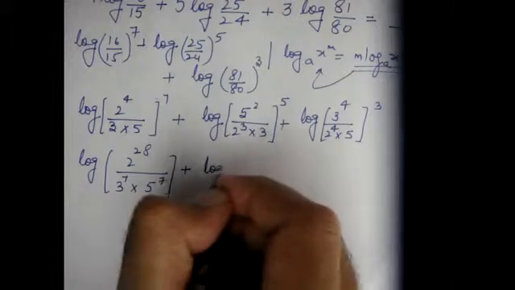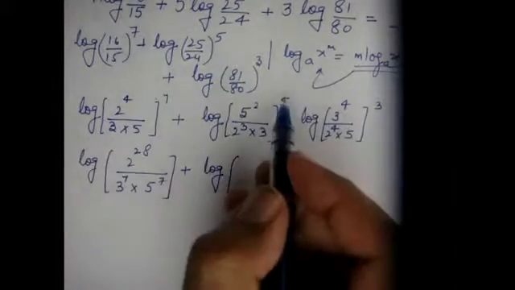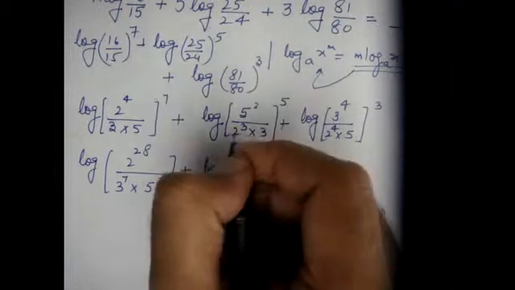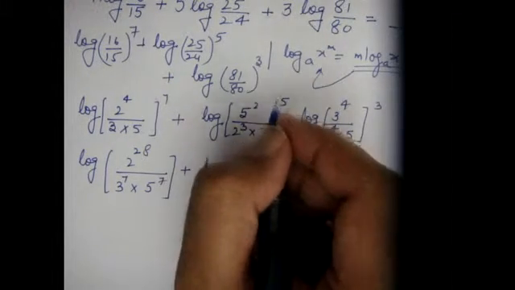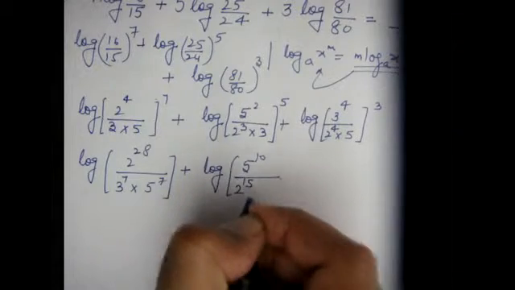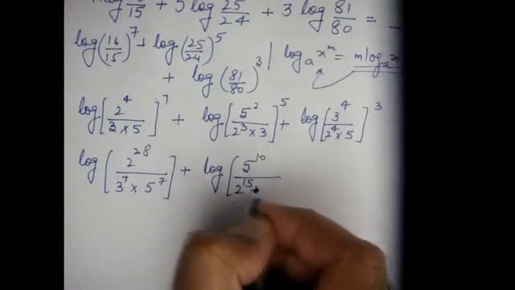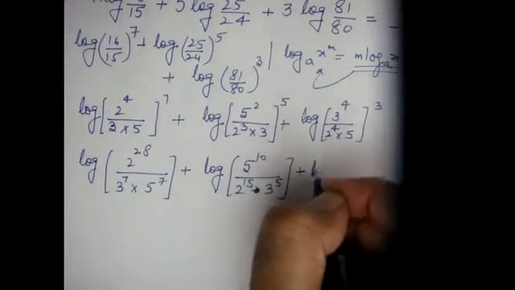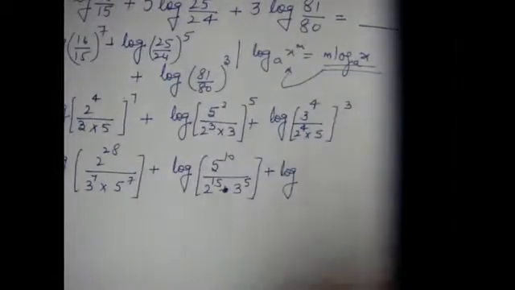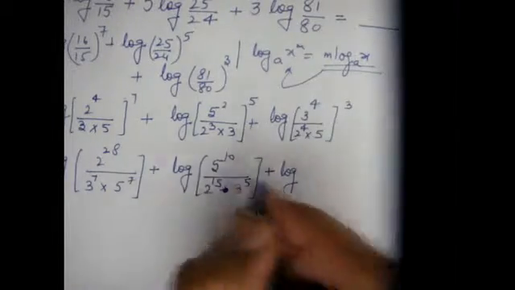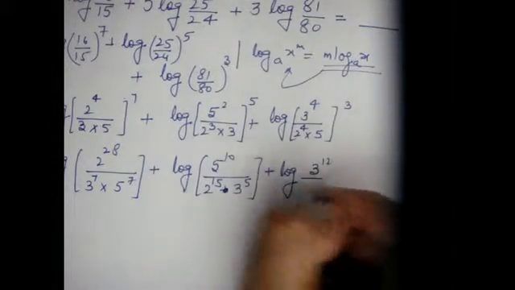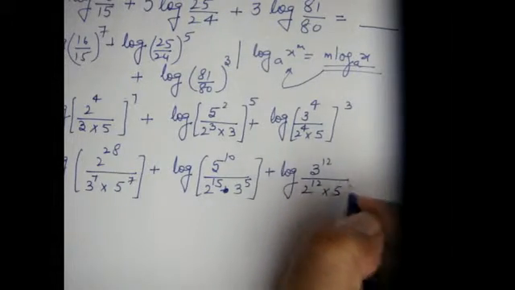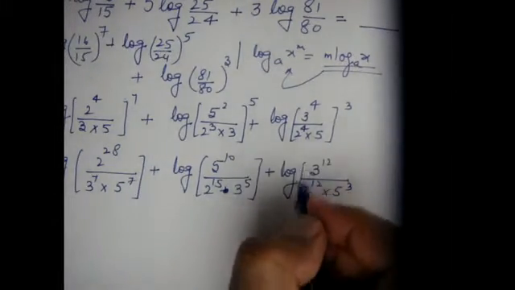Plus, the second expression will be log: this 5 will multiply with 2, that will give 5 to the power 10, and this power 5 will multiply with 3, so that will give 2 to the power 15 times 3 to the power 5. Plus log: 4 times 3 is 12, so 3 will have power 12, 2 will have power 12 as 4 times 3, and 5 will have power 3.